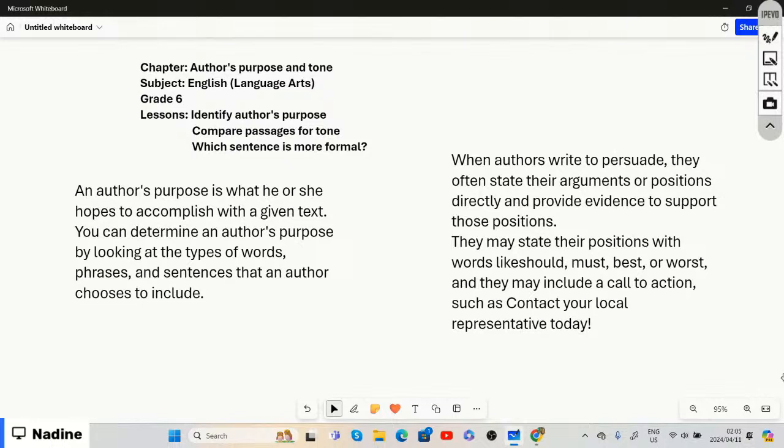And the lessons that we're going to be focusing on are to identify author's purpose, to compare passages for tone, and to say which sentence is more formal, right?